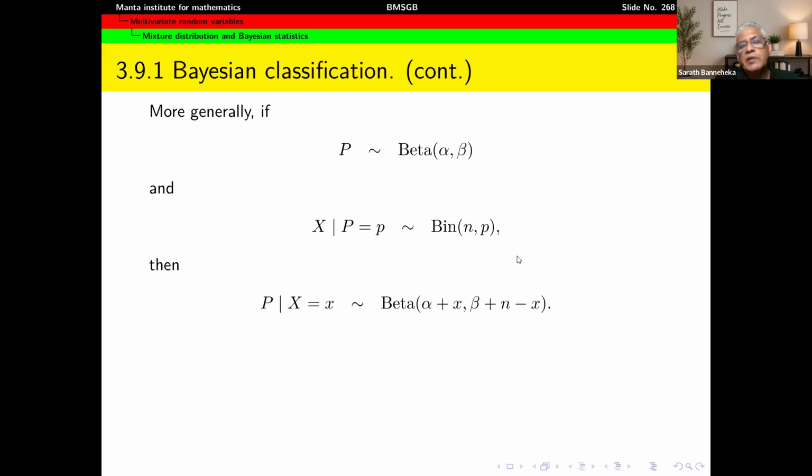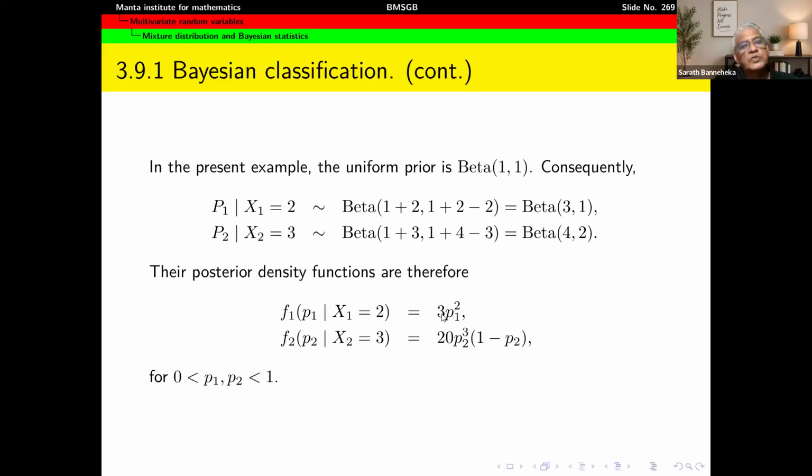Depending on your alpha and beta, this will be different, but both posterior distributions have this form. So in the present example, the uniform prior is beta 1 1. Consequently, we got the posterior distribution of P1 given x1 is equal to 2 as a beta 1 plus 2 and 1 plus 2 minus 2.